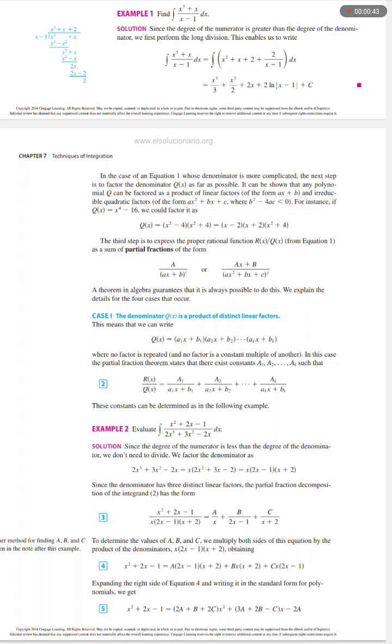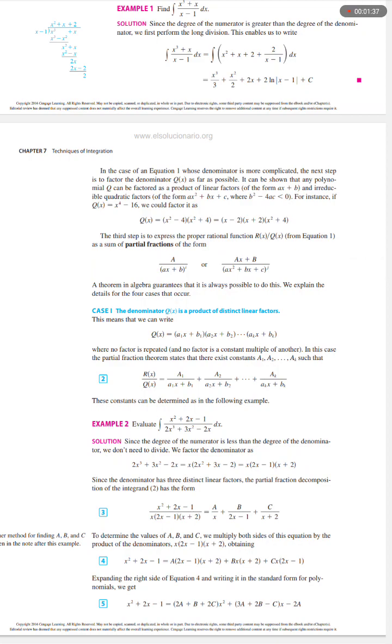This enables us to write the integral of (x cubed plus x) divided by (x minus 1) dx equals the integral of (x squared plus x plus 2 plus 2 over x minus 1) dx equals x cubed over 3 plus x squared over 2 plus 2x plus 2 times the natural log of the absolute value of x minus 1, plus C.